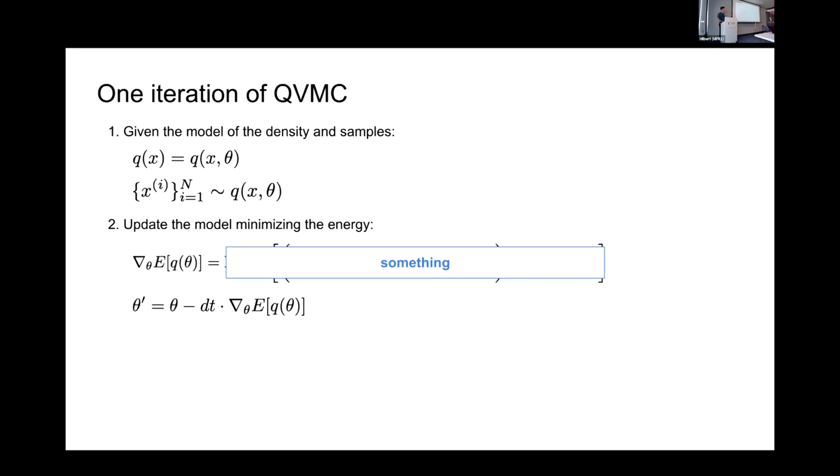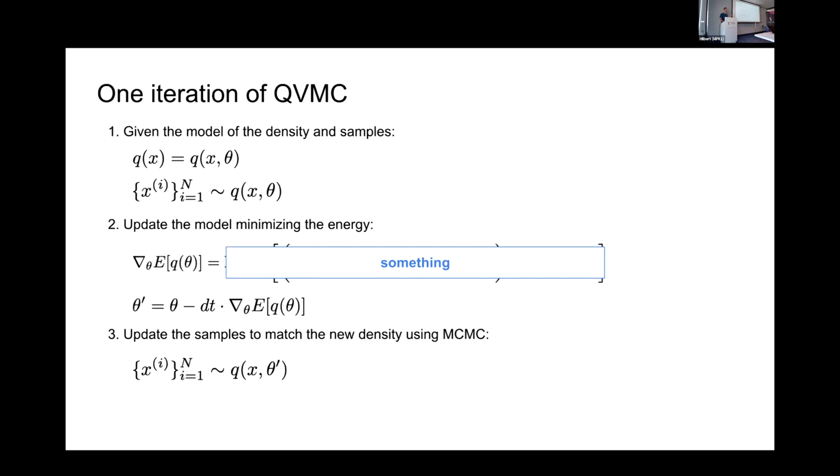And then we just do gradient descent, right? We just take this gradient, we can estimate it using density and samples, and then we just update our parameters using the negative gradient. And we know that, once again, to estimate the energy, we need both the density and the samples. So we have to collect new samples from the updated density, right? Otherwise, there will be a mismatch.